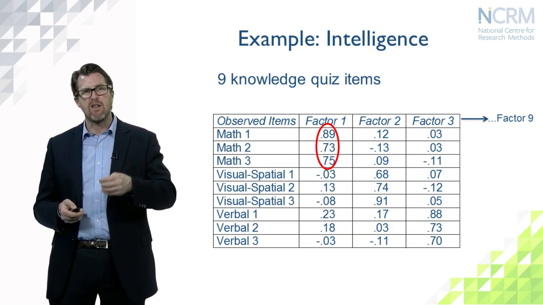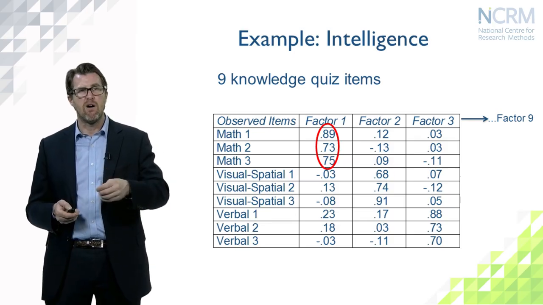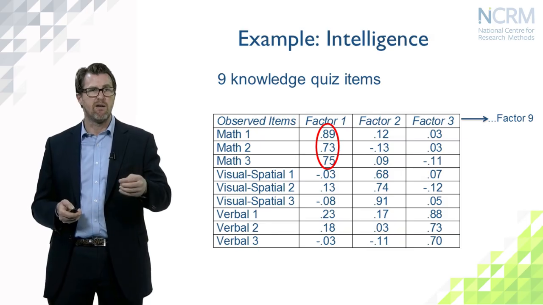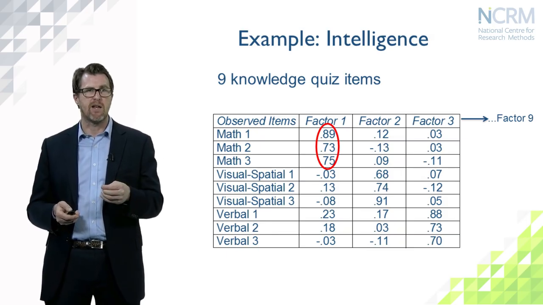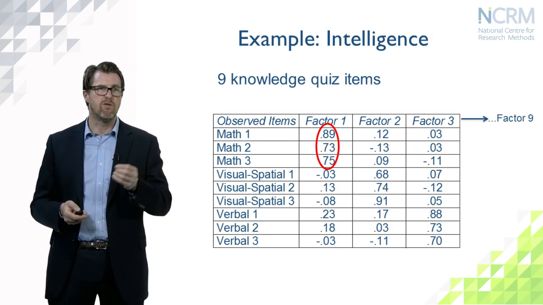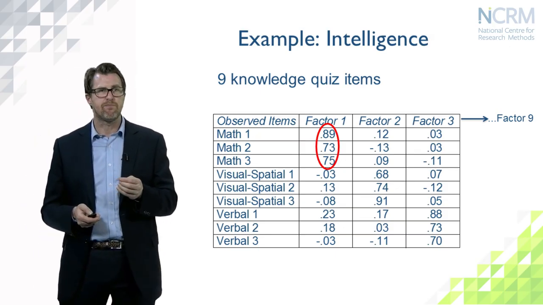So this is saying that the higher your score on factor 1, the more likely you are to get the item Math 1 correct. There's a high correlation between your score on the factor and your score on the item.